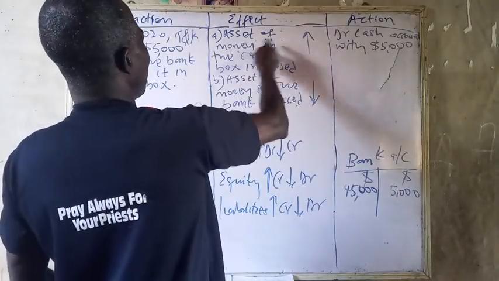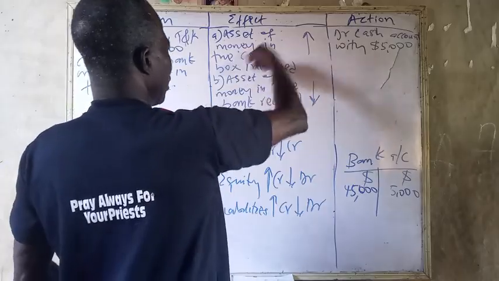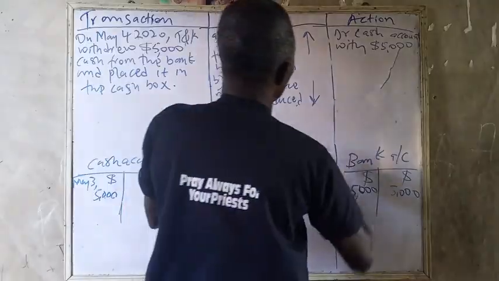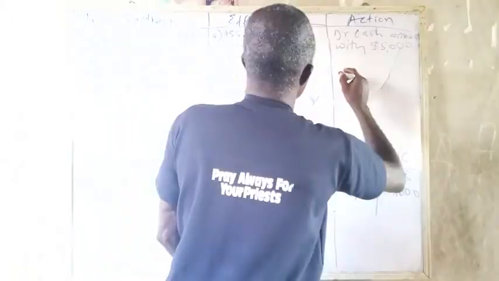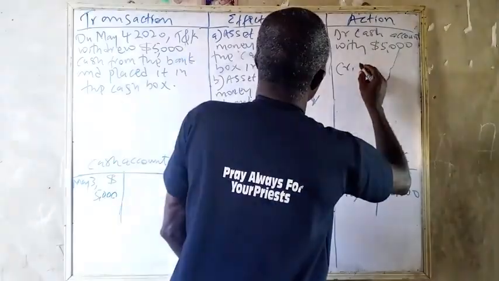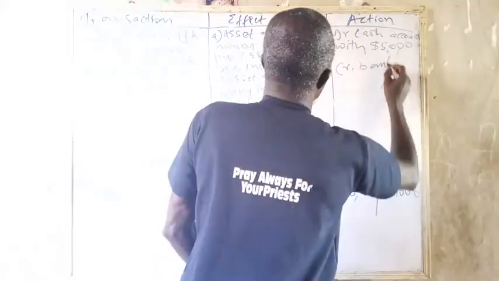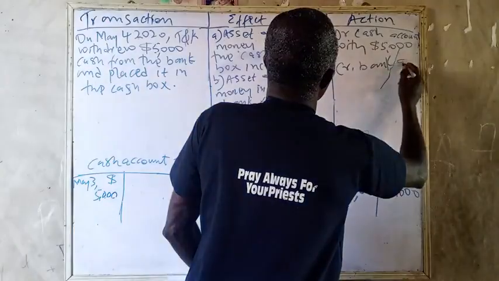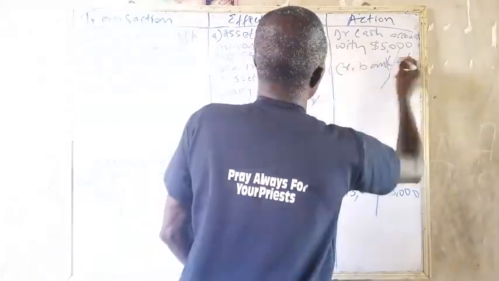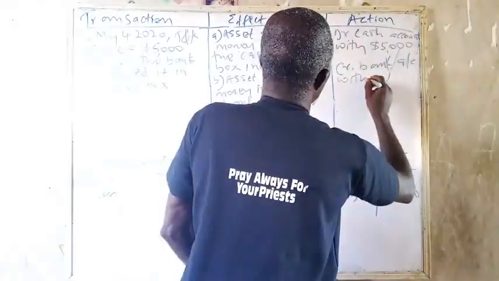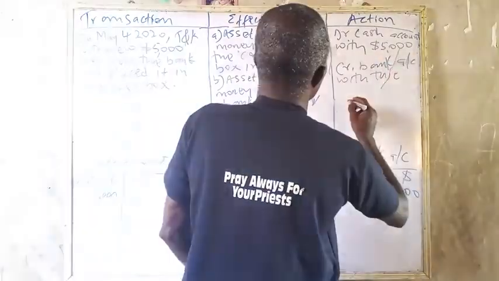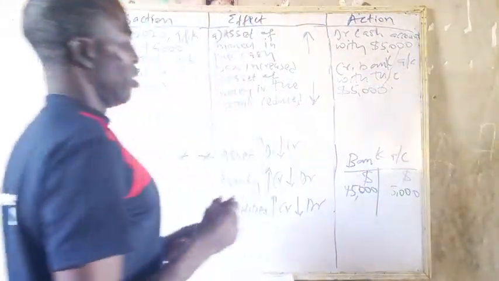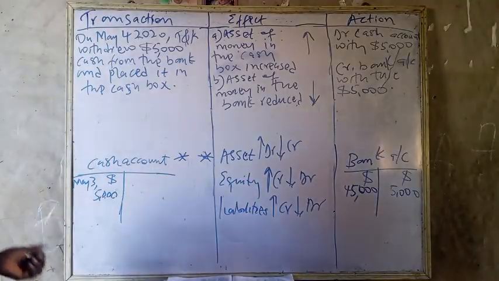The asset of money in the cash box increased. That is the effect. So when an asset decreases, the action to take is: credit the bank account with the same amount, $5,000. Right?